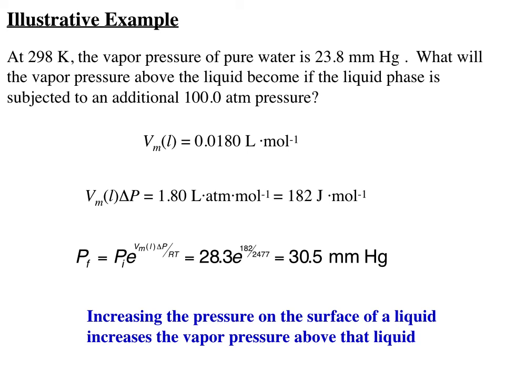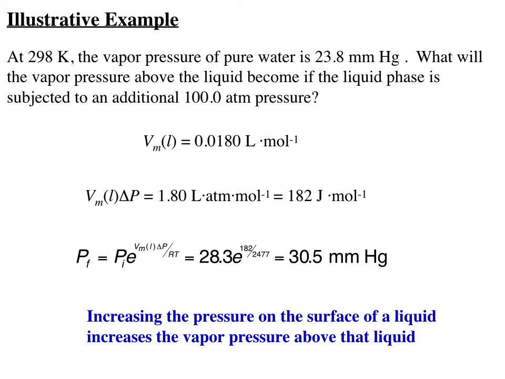So 1 mole of water is 18 grams of water, which is 18 milliliters of water. And then to put it into SI units, that is 0.0180 liters per mole. And that will be sufficient to use in the ideal gas representation of this formula.